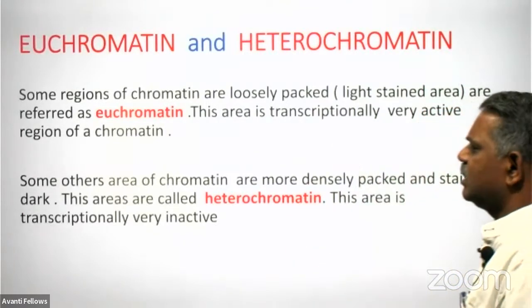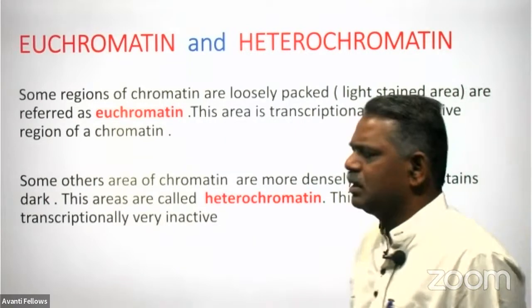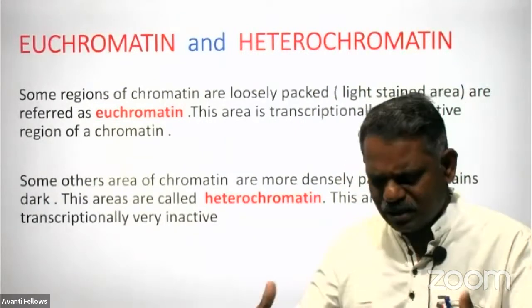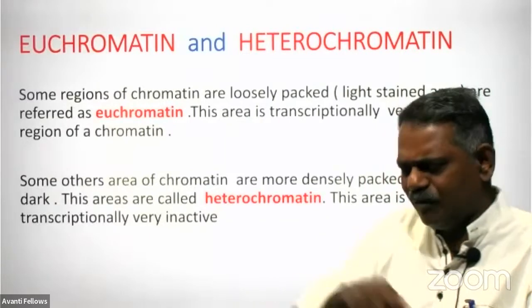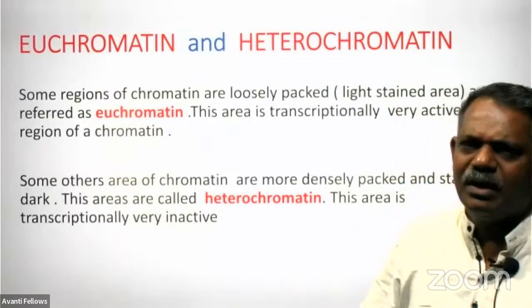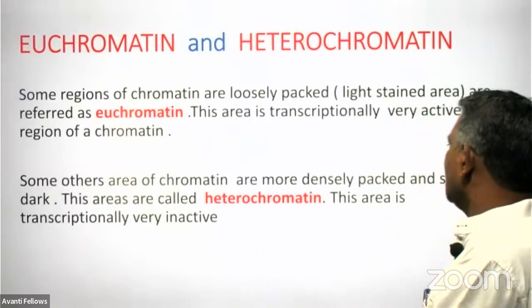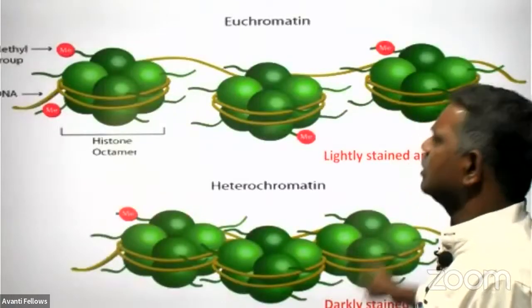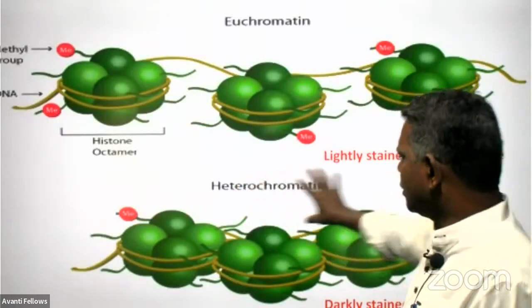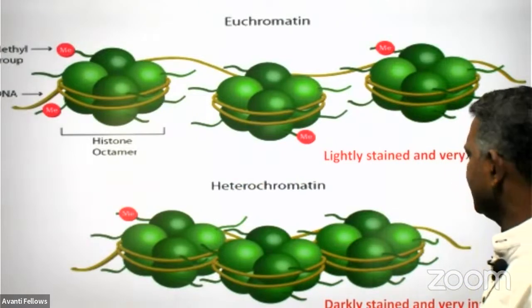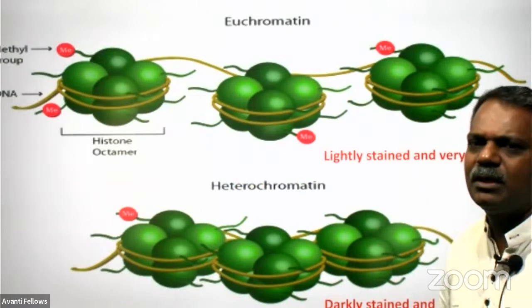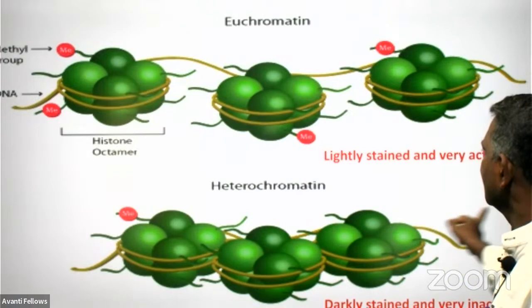This area is transcriptionally very, very inactive because it is densely packed, and it is very difficult to recoil the DNA from it and go for transcription. We call it the heterochromatin area, right? And this question was asked once in the board examination.